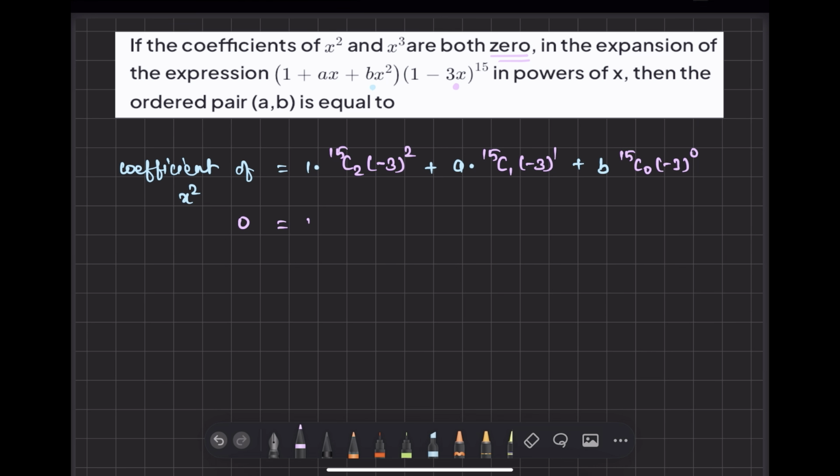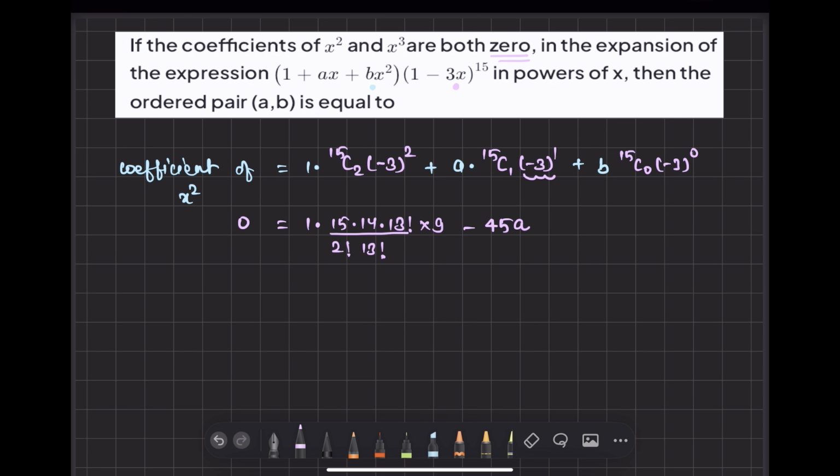We have 1 times 15, 14, 13 factorial upon 2 factorial, 13 factorial, times 3 square, which is 9, minus, because here the power is negative. So 15c1 is 15, so 15 into 3 is 45, so 45a.